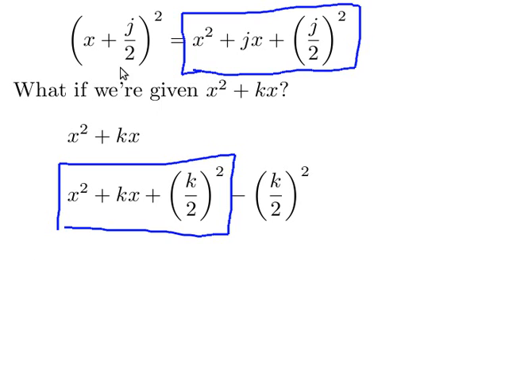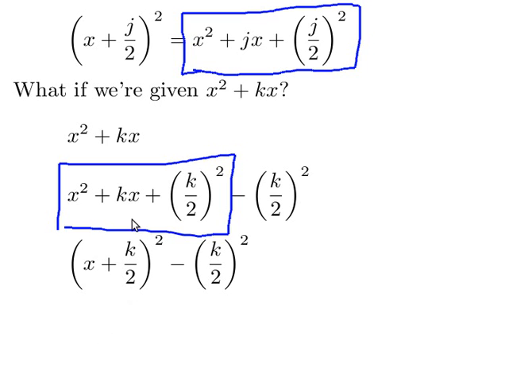So on the next line we can rewrite this as x plus k over 2 quantity squared minus k over 2 quantity squared.